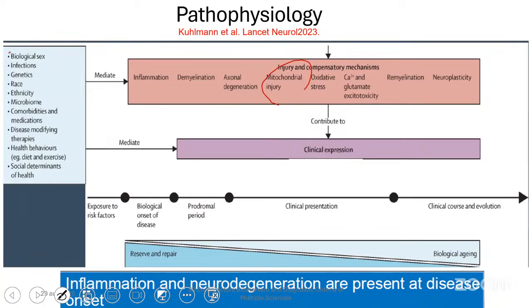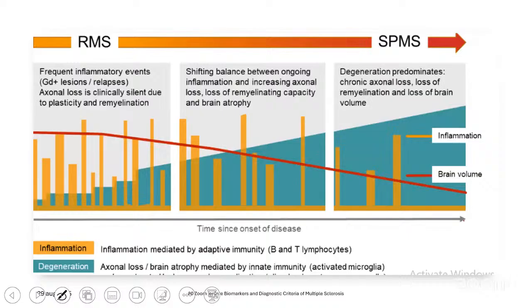And one important thing is that inflammation and neurodegeneration are present at disease onset, when it is diagnosed also. So you can see the exposure to risk factors, biological onset of disease, prodromal period, then clinical presentation and clinical course and evolution. So that's how the disease progresses. Frequent inflammatory events, that is GAD enhancing lesions and relapses, lead to axonal loss, and it is clinically silent initially due to plasticity and remyelination.